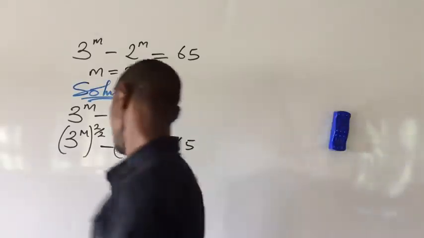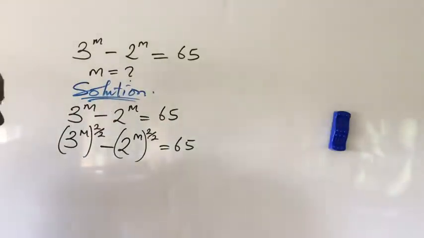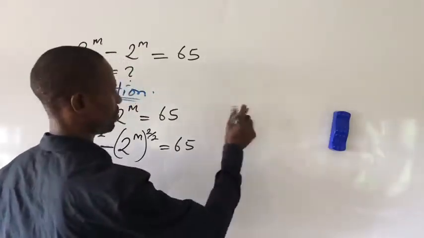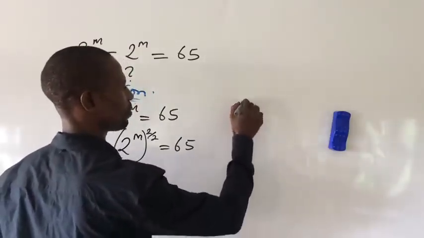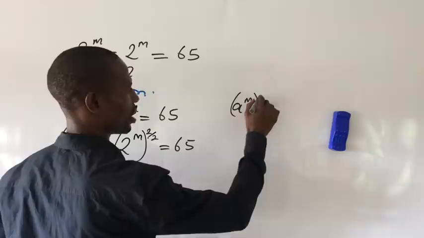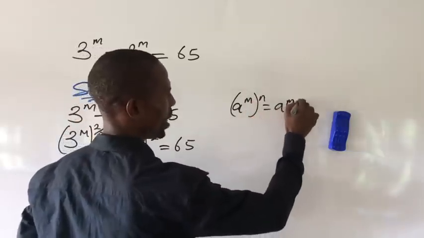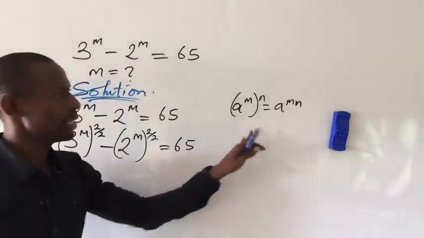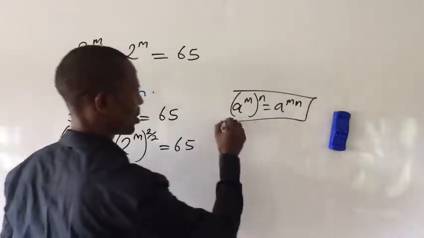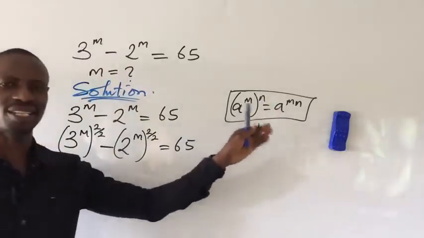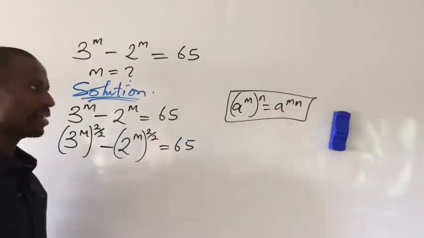All right, so let's go to the law of indices, which says that if you have an expression of this kind, a to the power of m, all to the power of n, this is equal to a to the power of mn. In some of our videos we talked about this law on many occasions.